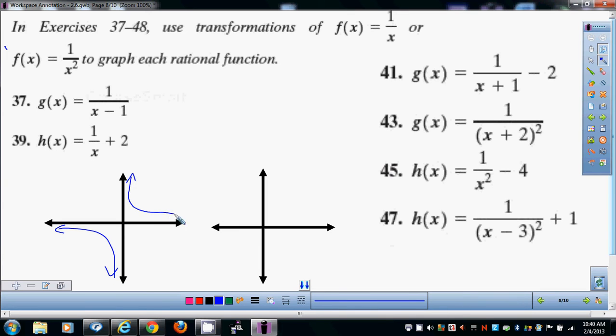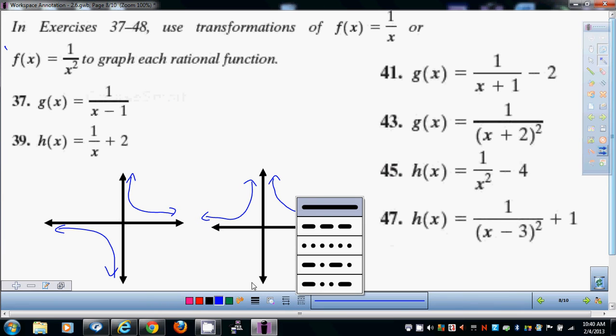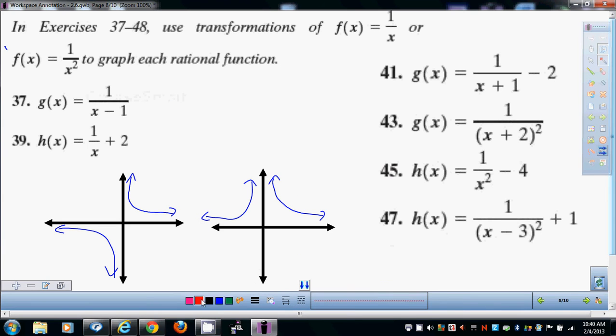Although, theoretically, it'll be closer to the asymptote, but whatever. Now, both functions have natural asymptotes. Well, think about it. 1 over x and 1 over x squared, where's their highest power? Denominator. So they both have a horizontal asymptote of 0.